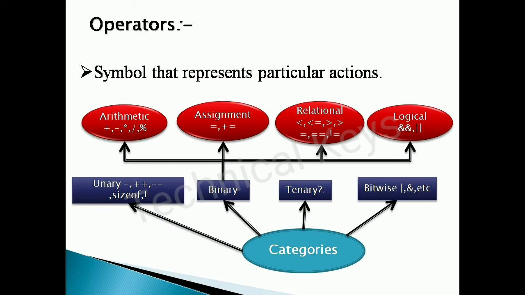In the relational part, you all know the less than sign, greater than sign, less than equal to, greater than equal to. So four of these relational operators are known. But what is this equal to equal to? The equal to equal to operator is used for checking purposes. Keep in mind, it is not an assignment operator. This is used to check.